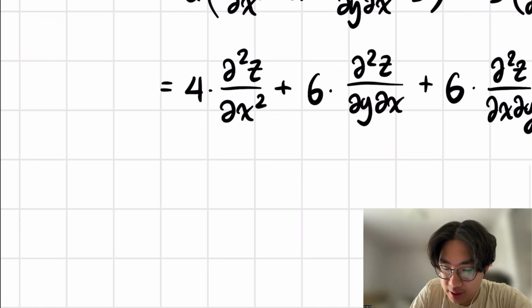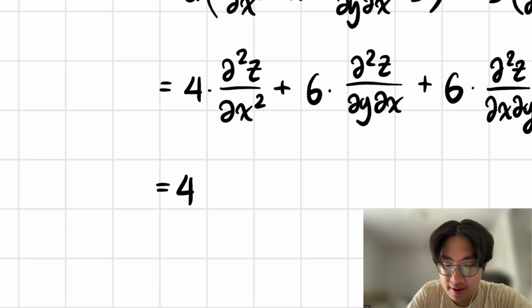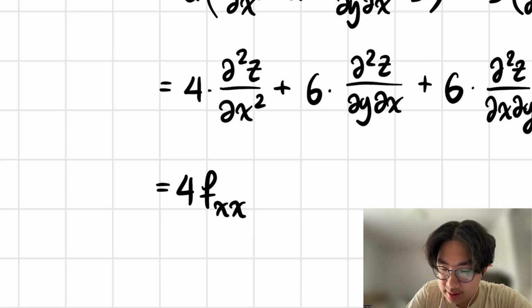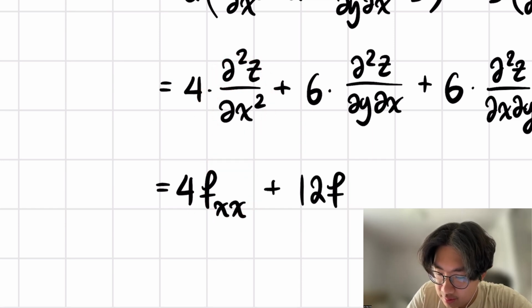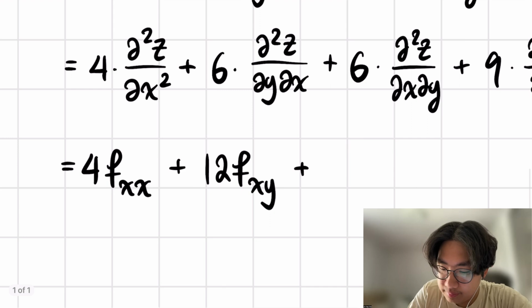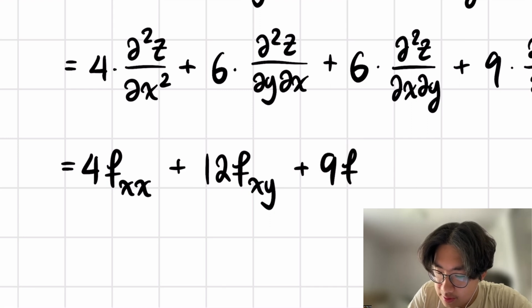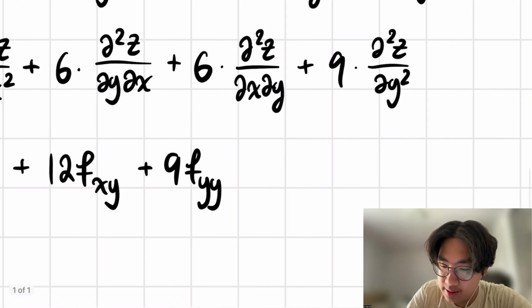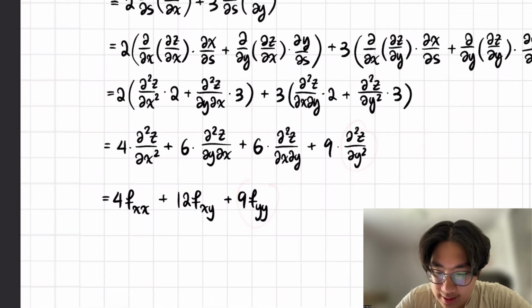So we can then rewrite this in terms of f. So this is equal to 4 times f sub xx. Again, these two here are equivalent. Plus 6 plus 6 is 12, so 12 f_xy. And then finally, plus 9 f sub yy. Again, these two here are equivalent. And that's how you do it.